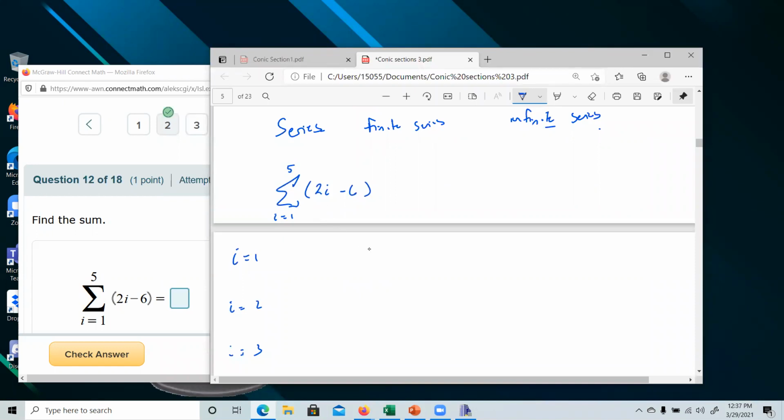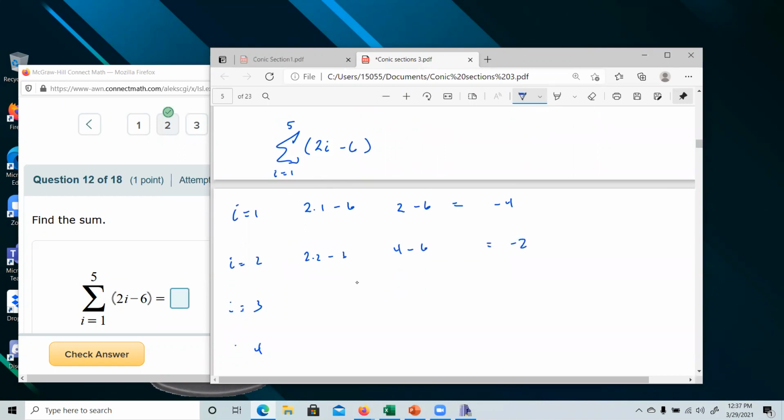Okay, so all we're going to do here is 2 times 1 minus 6, so that's 2 minus 6, which is negative 4. When we get to 2, we have 2 times 2 minus 6, that's 4 minus 6, that's negative 2. 2 times 3 minus 6, we have 6 minus 6, that's 0, that's fine.